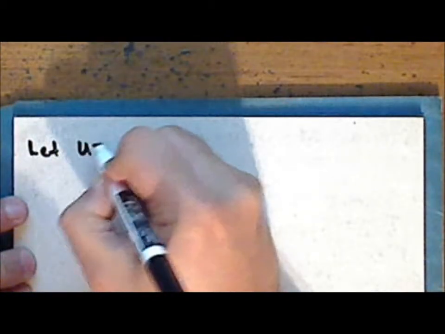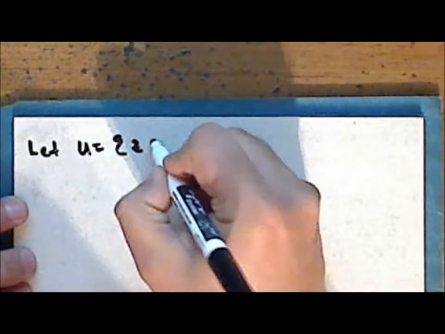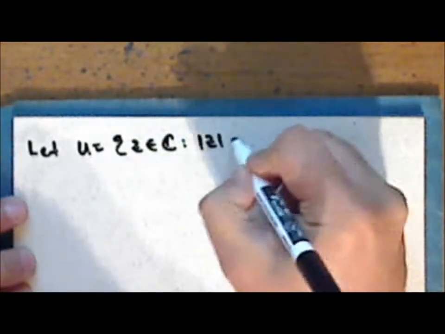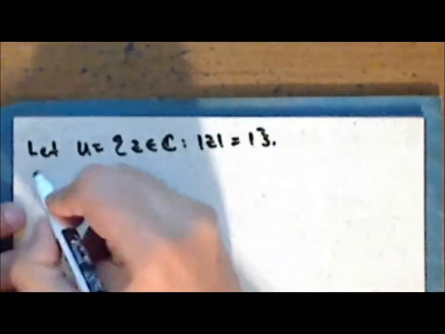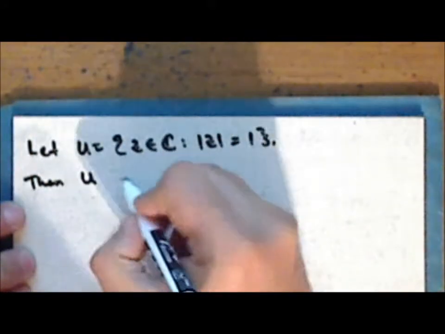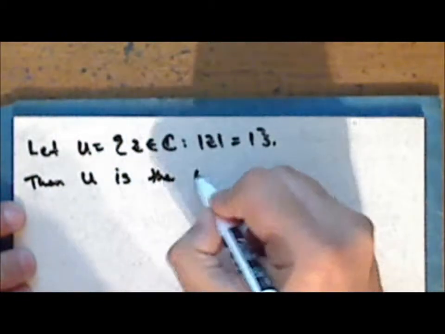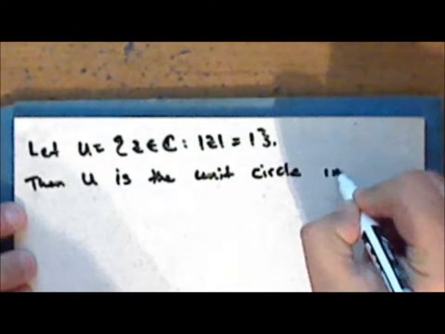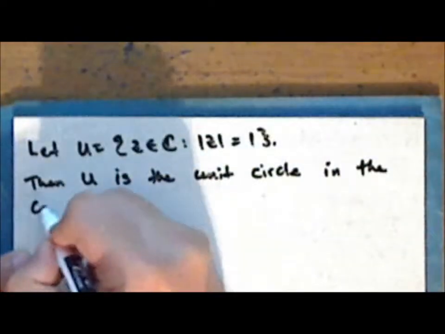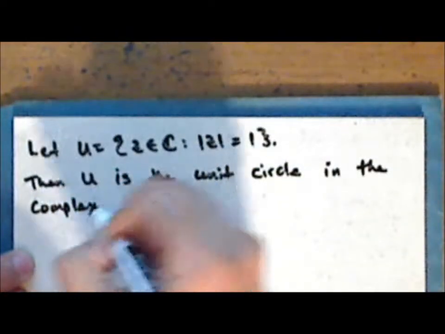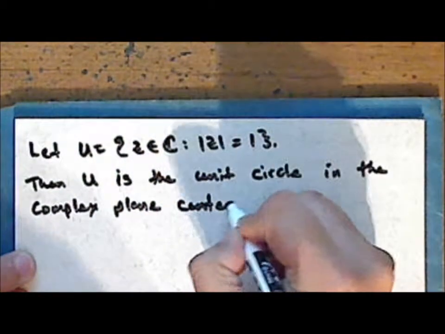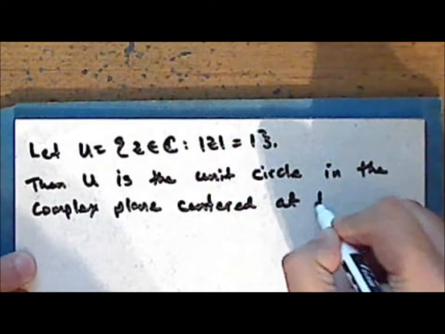All right, so let the set U be the set of all complex numbers such that the modulus is 1. Then the set U is the unit circle in the complex plane centered at the origin.